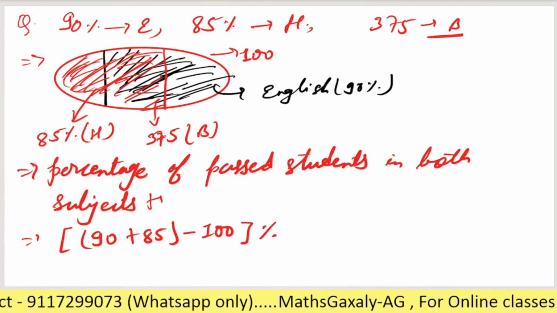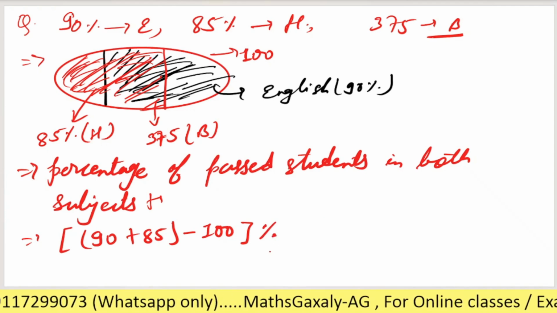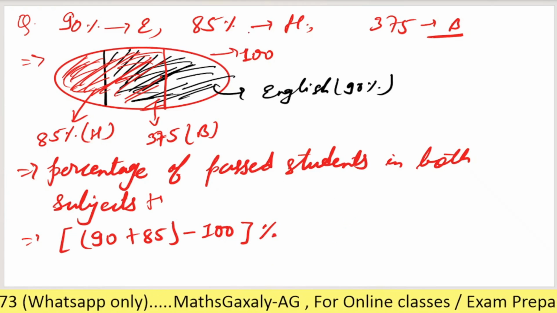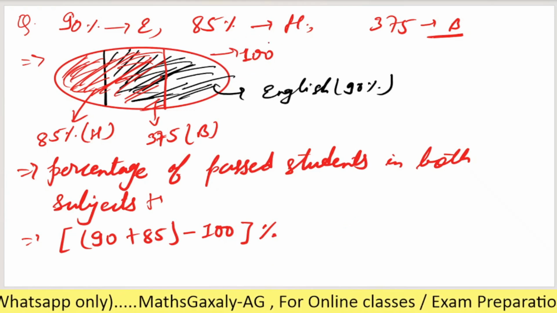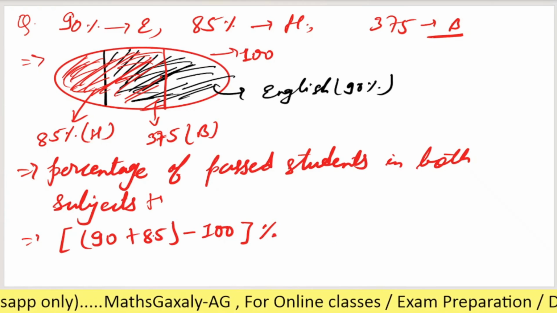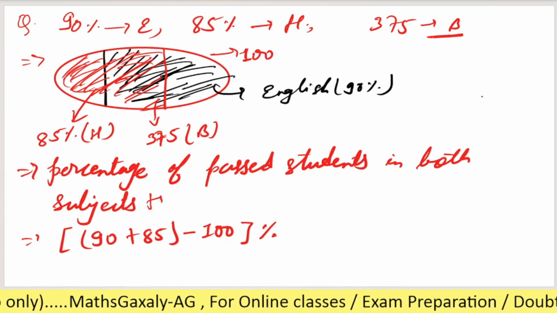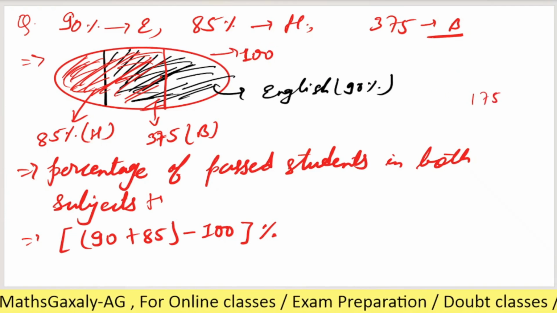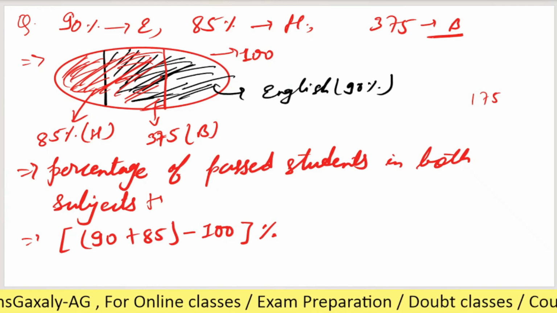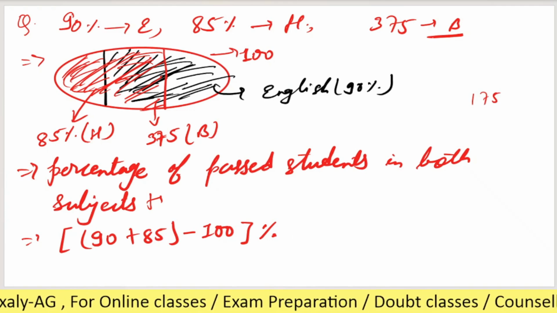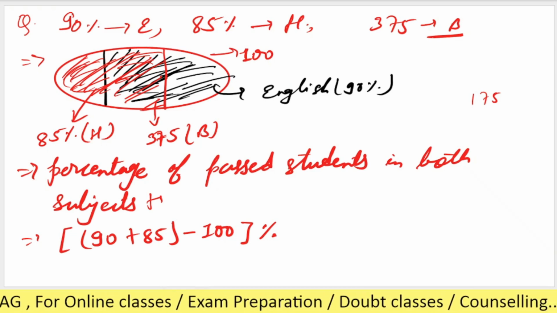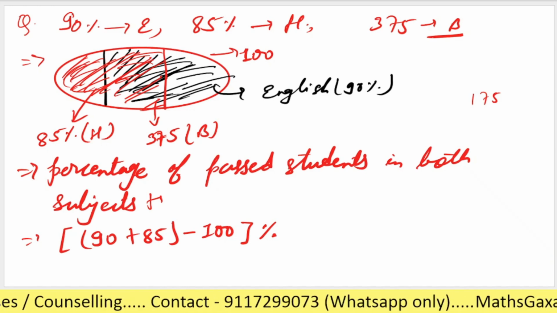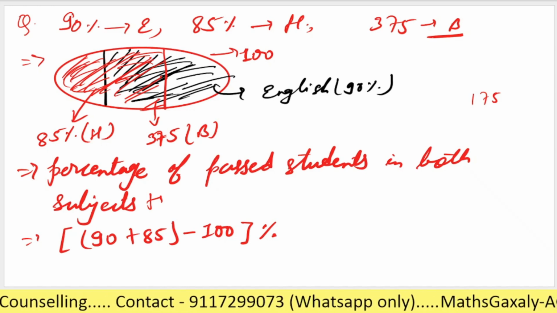Why minus 100? The total is 100. When you add 90 plus 85, you get 175. It means 100 is the total, so 75 is the extra, meaning 75% passed in both subjects.